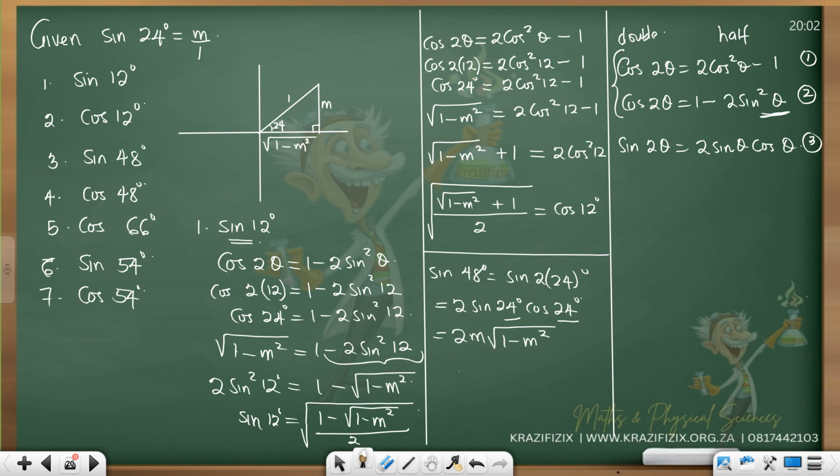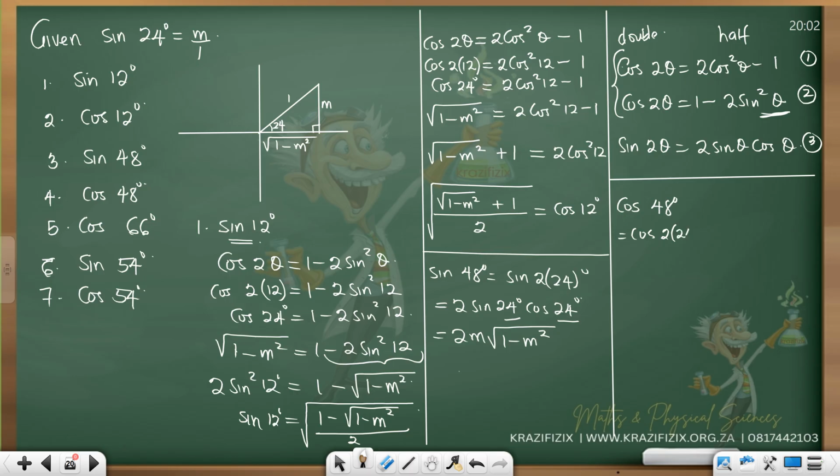Cos 48. What would you do for cos 48? With cos 48, I can actually use any one of them, but I'll use the second one. I'll tell you why. Look at this. I'm going to show you so that you don't waste time. Cos 48 is 2 times 24.